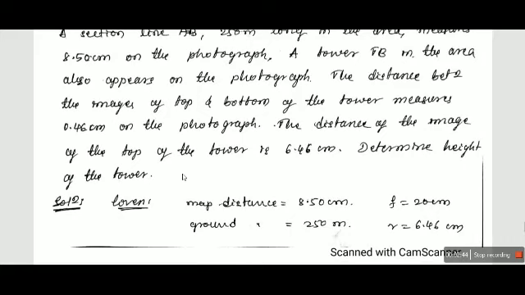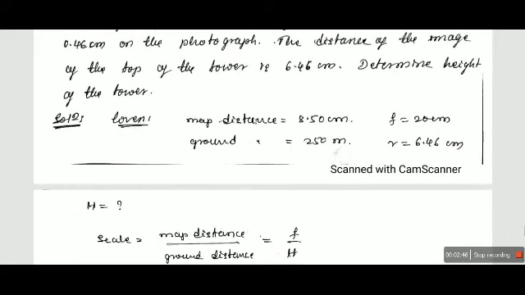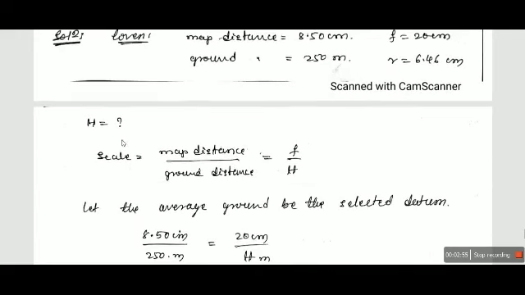Start with the calculation of capital H. Before that, write the given data: map distance, ground distance, f, r. Here we have to use the scale formula.